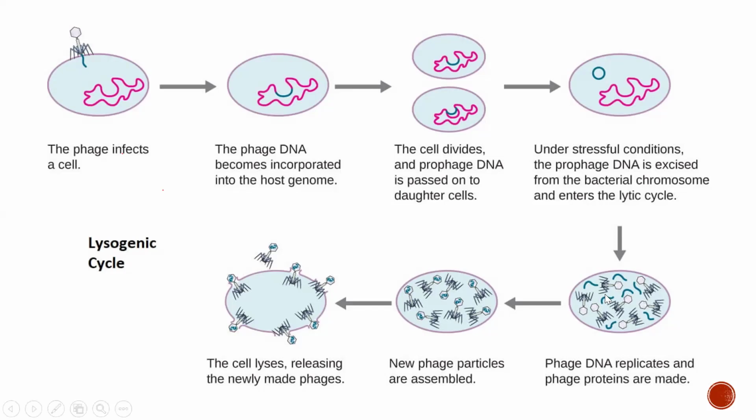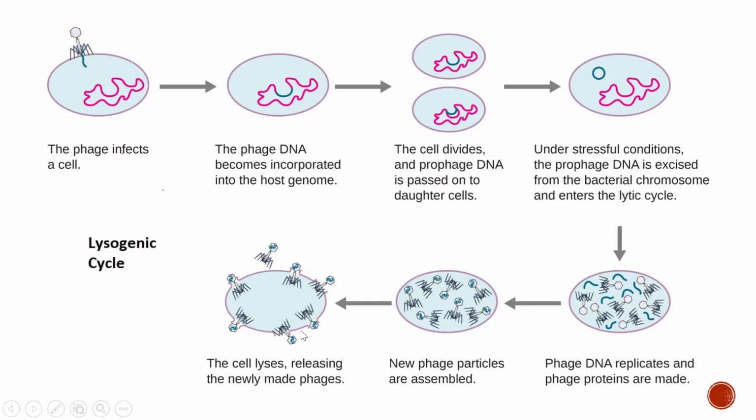So when they enter the lytic cycle under a stressful condition, the phage will start replicating and the phage proteins are made. They'll just continue with the lytic cycle. Then after they start replicating their own genetic material, they assemble and cause cell lysis, releasing newly made phages.